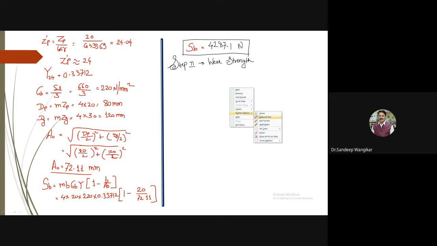So I will write down the formula first, then we will substitute whatever the values, then we will calculate wear strength. So SW is equal to 0.75 B Q dP K divided by cos of gamma. We have discussed the formula also. B is given, dP calculated, Q and K we have to calculate. Then we can calculate SW.